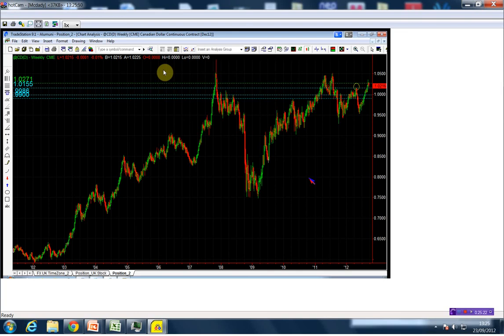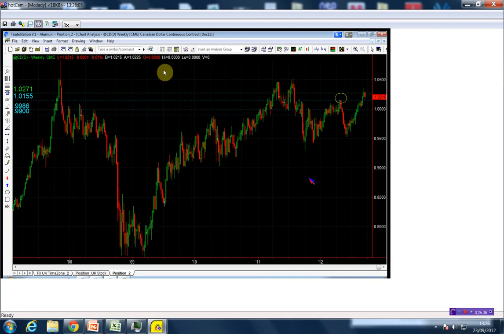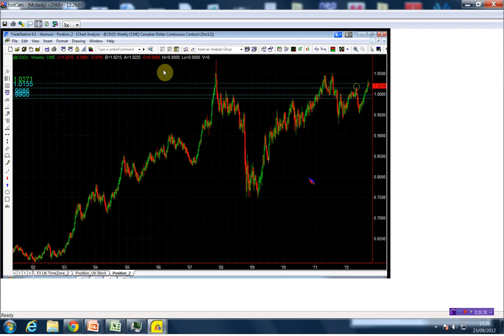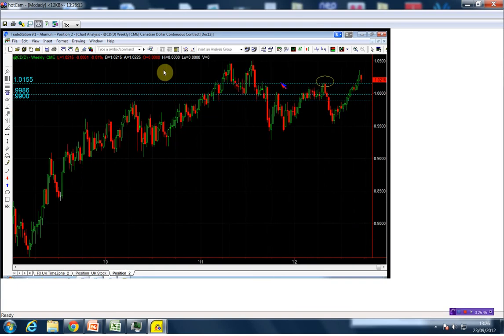They're all still in an uptrend. But what we had last week here, we closed the week at 102.16.